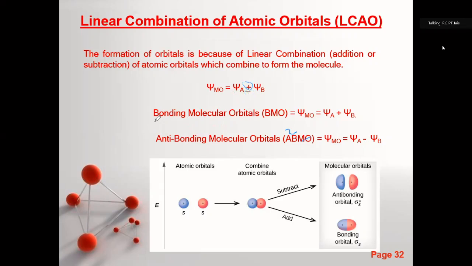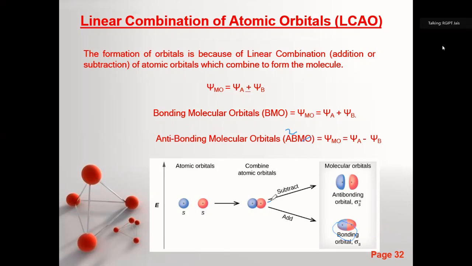If we consider bonding, there is an addition of psi A and psi B. But if we consider anti-bonding, it is the subtraction of the wave functions psi A and psi B. If two s orbitals are combined, this is sigma s, which has higher electron density.